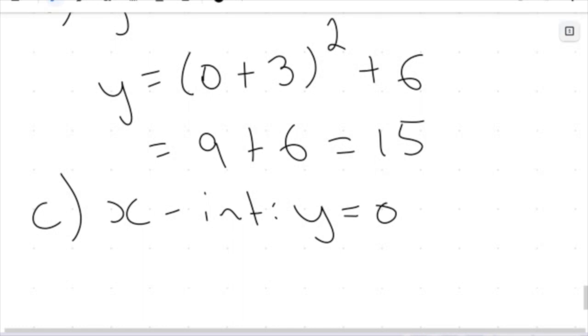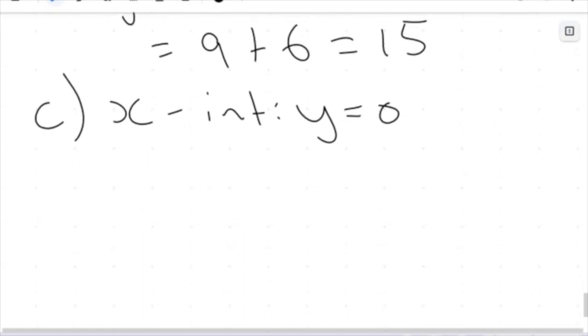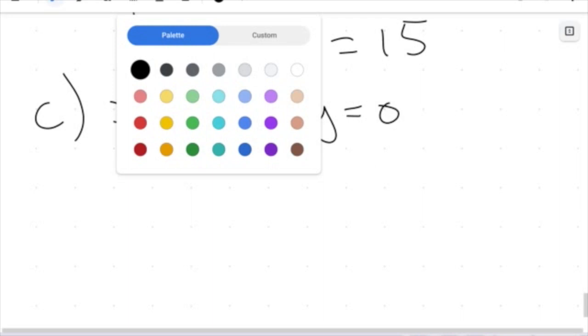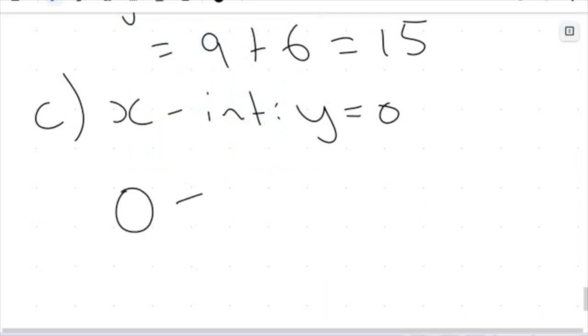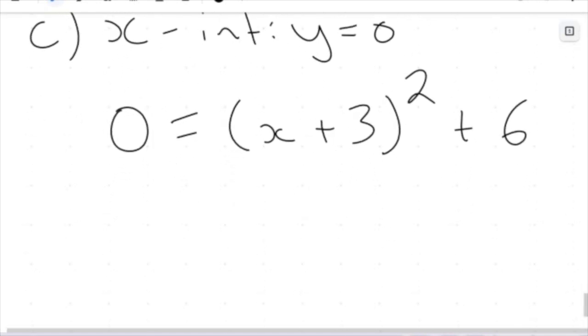Okay. So when I substitute this in, we're going to look at something really interesting that ends up happening. Now, I'm going to have, subbing this in, 0 equals (x plus 3) all squared plus 6. Now, when we go to solve this, I'm going to try to do this the same way I did before.